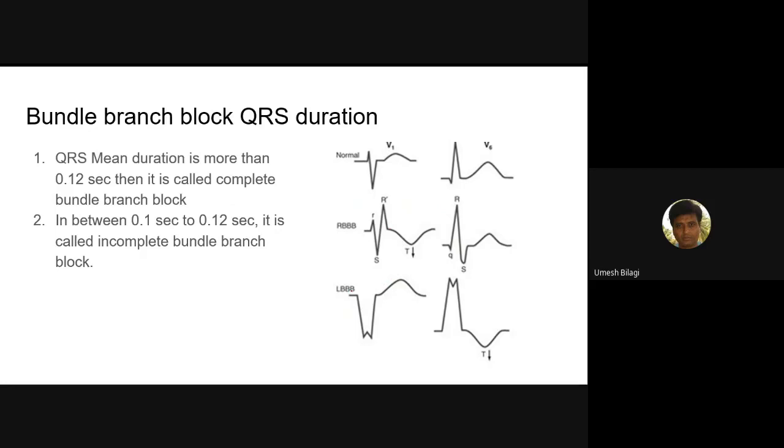In the left, axis deviation will be there in QRS. You are actually supposed to look at this, but clinically people put it loosely. In LBBB you get W pattern in V1, M pattern in V6, and the reversal, M W, is RBBB.